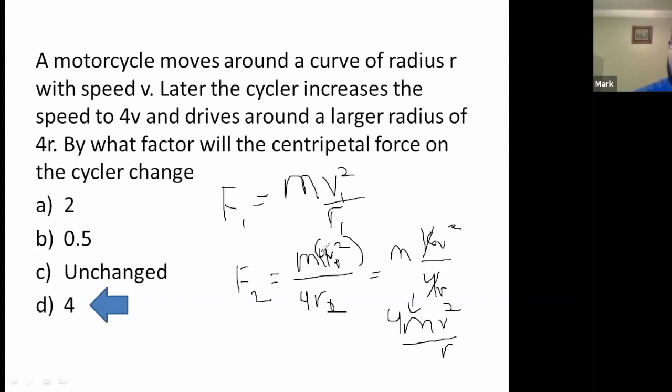The velocity is 4 times what it originally was, and the radius is 4 times what it originally was. Because the velocity is 4 times, but you square it, it's actually 16 times. So the v squared is actually 16 times more, where the radius is only 4 times more. Again, 16 and 4 cancel out, and you're left with 4 mv squared over r compared to mv squared over r. That means it's 4 times greater, right?